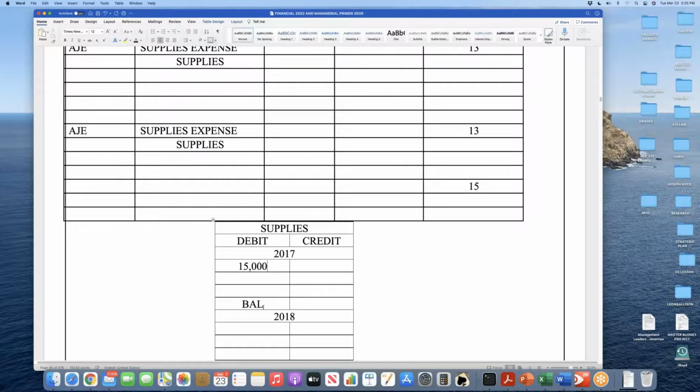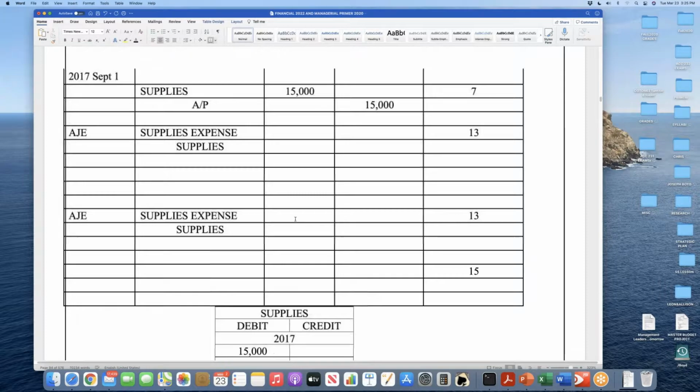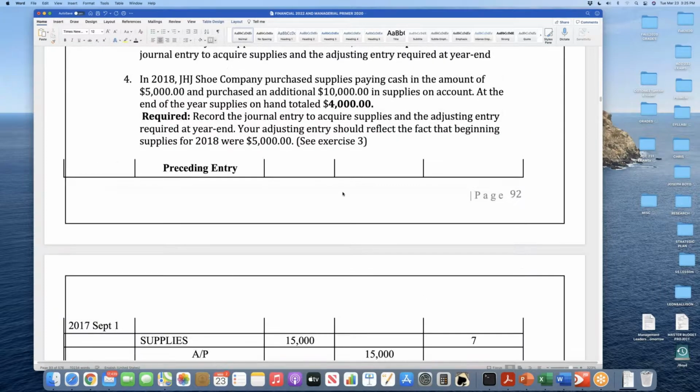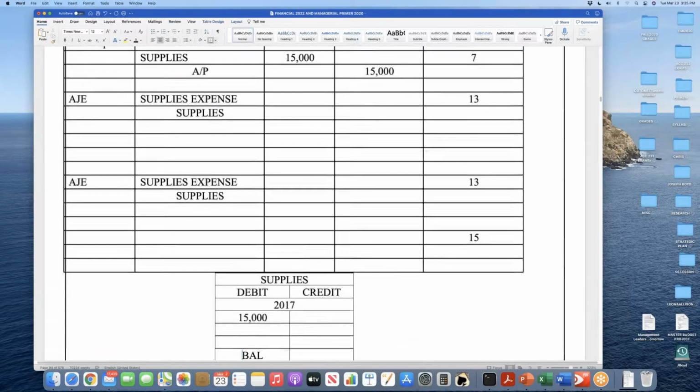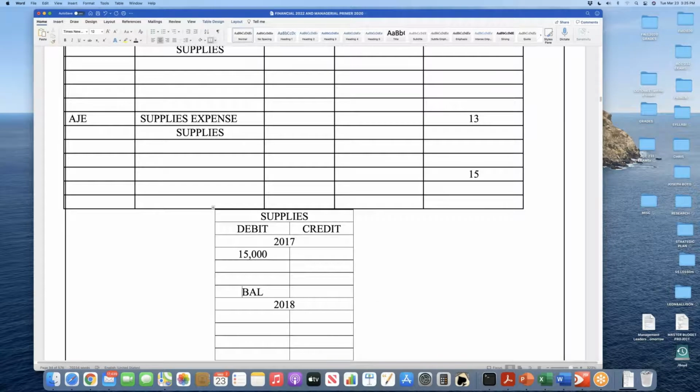And it tells us the ending balance is how much? It says the amount on hand is $5,000. So what must our AJE be? $10,000? Should be 10,000.